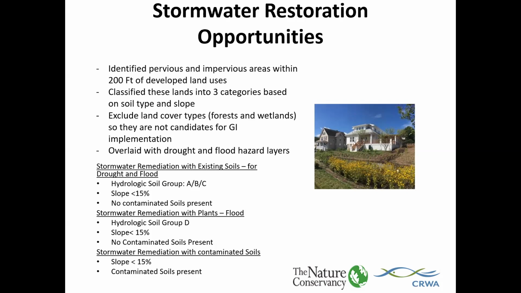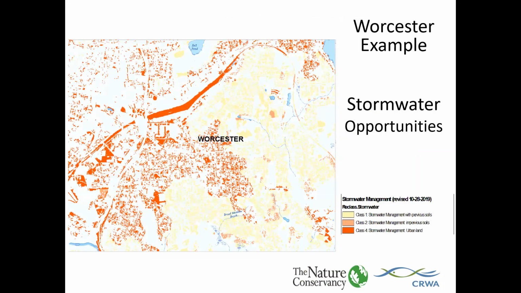I'm going to show you an example here in Worcester. So you see basically the shades of, these are all areas that meet above 15 or below 15% slope criteria, and then they're just categorized as to their soil type.